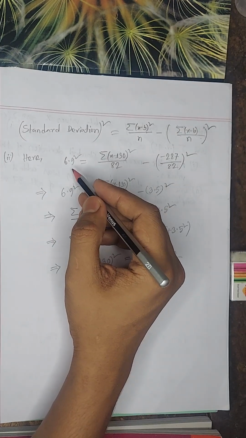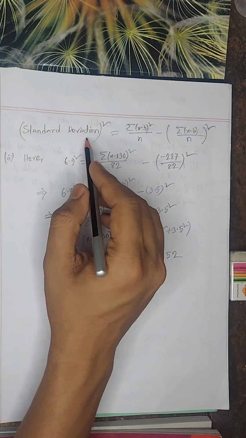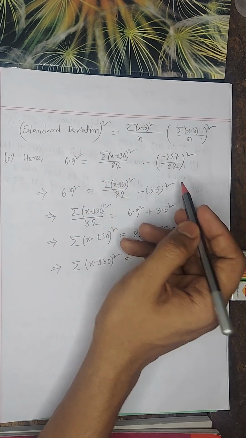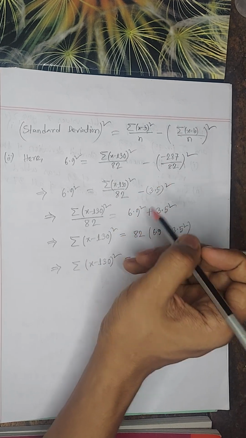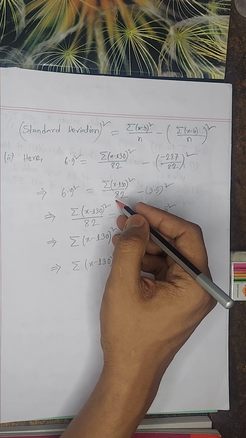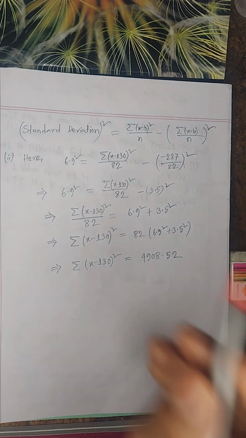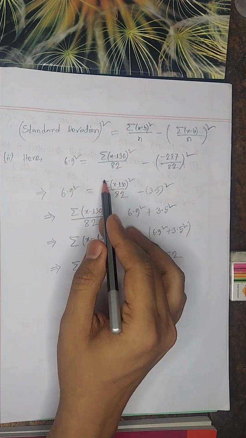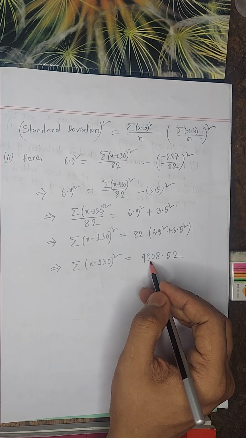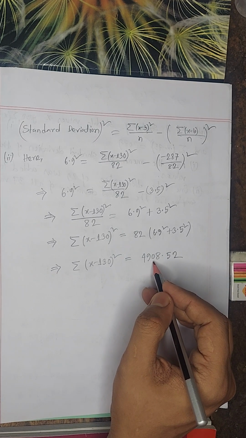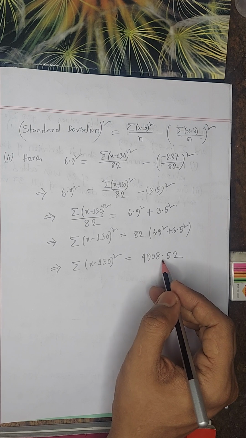Here we just have to substitute the value of the standard deviation and the value of this expression from the question, and then change sides. Then we can find the value of this expression, which is summation of x minus b whole square, which is 409,908.52.